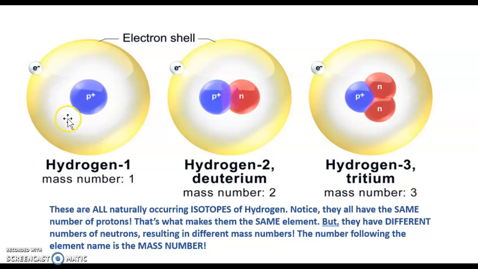There are no neutrons in that most commonly occurring form of hydrogen. However, in this form of hydrogen, there is a neutron, so 1 plus 1 equals hydrogen 2. This is a special form of hydrogen known as deuterium. Sometimes we might call it heavy hydrogen, and we might also make the same reference to tritium.